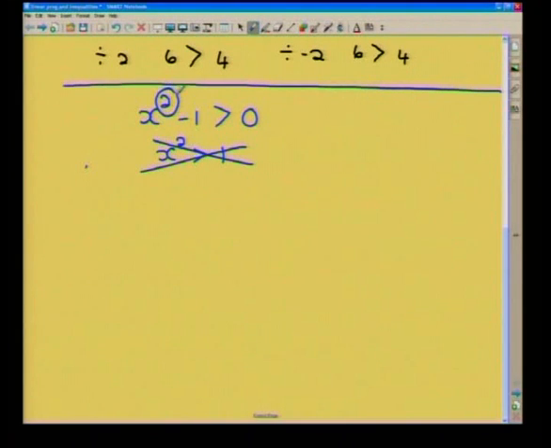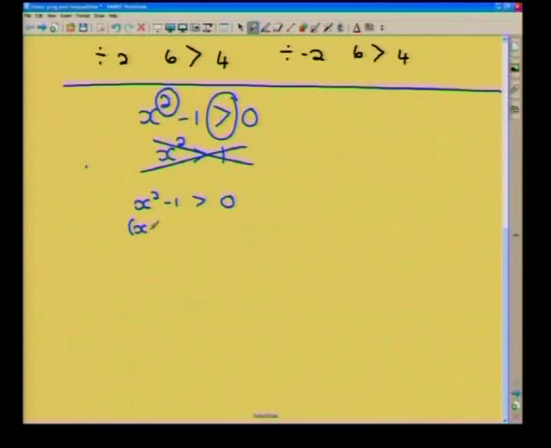So what we do instead is when we see it is a quadratic inequality, we keep all the things to one side. We make sure we've got a 0 on that side. So once we're here with this x squared minus 1 greater than 0, our next step would be to factorize the expression fully. So this is x minus 1, x plus 1 greater than 0.